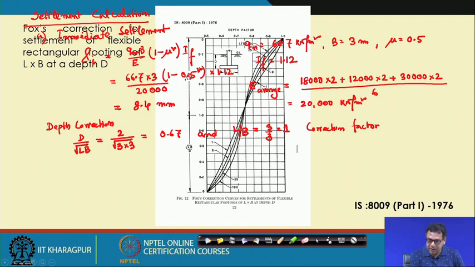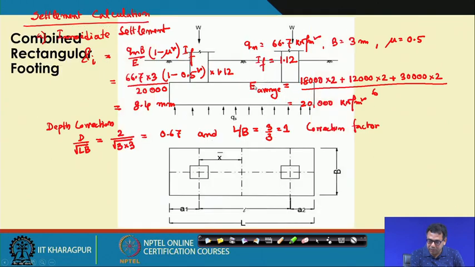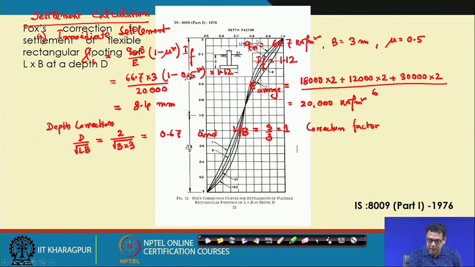This line is L by B equal to 1. This is 0.67, and L by B equal to 1. So, it will take 0.81. From this chart I am taking 0.81. This is d over root L B is 0.67, then this is L by B 1. So, corresponding correction factor is 0.81. This is the upper portion.